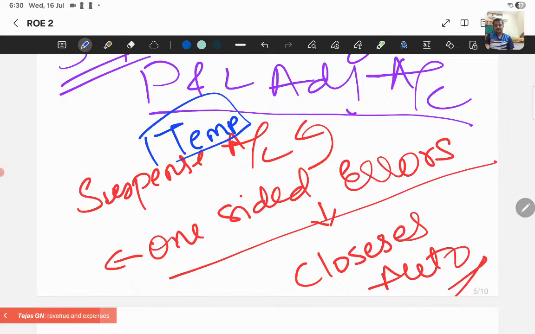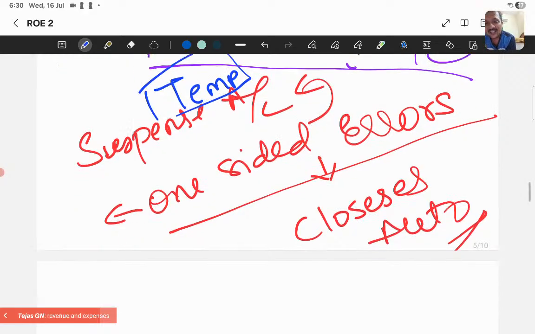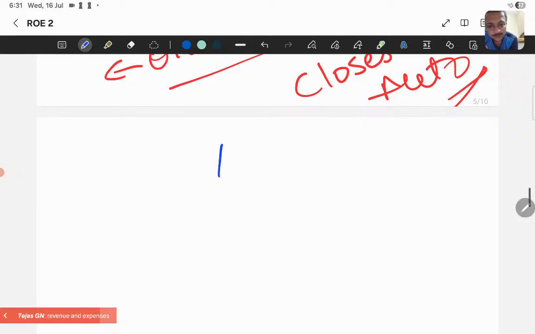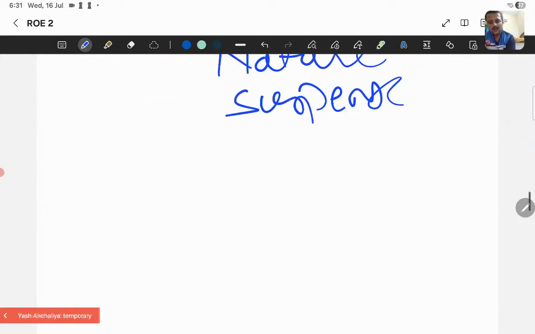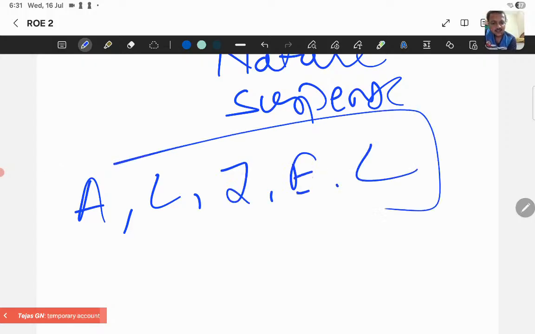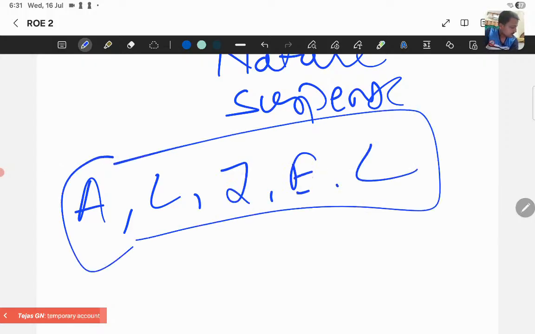And remember, the question of nature does not arise for suspense. Remember, it is not an asset, it does not fall into the category of asset, liability, income, expenses, capital. Nothing will be applicable.